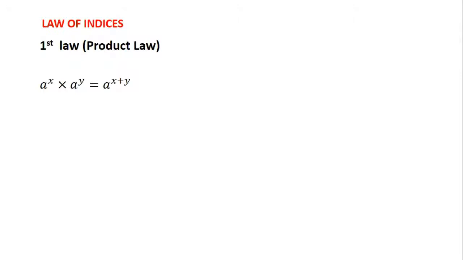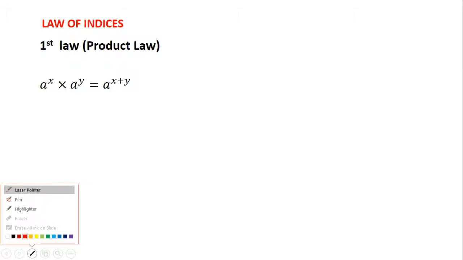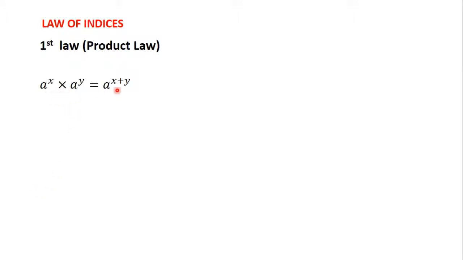We know that product means multiplication. So what this law says is that if you have two or more numbers multiplying in the index form and these two numbers have the same bases. Now remember, for this law to work, the two numbers must have the same bases.